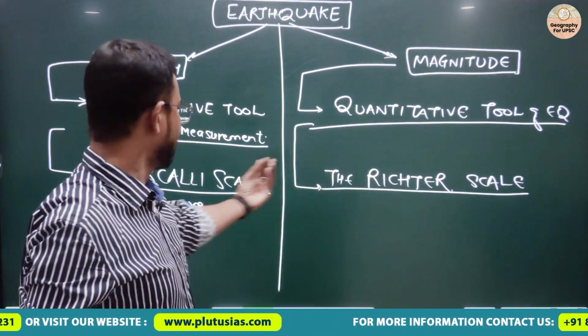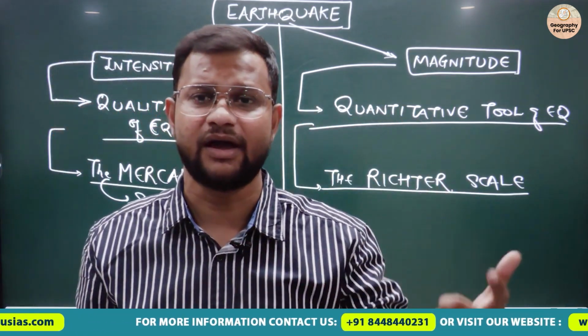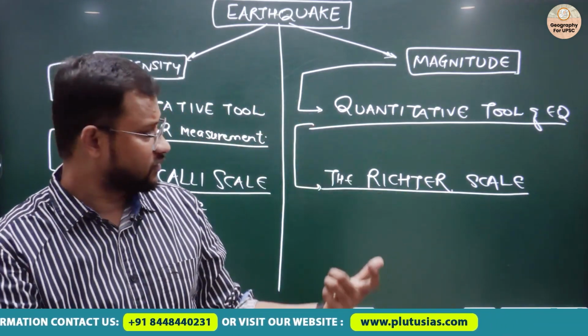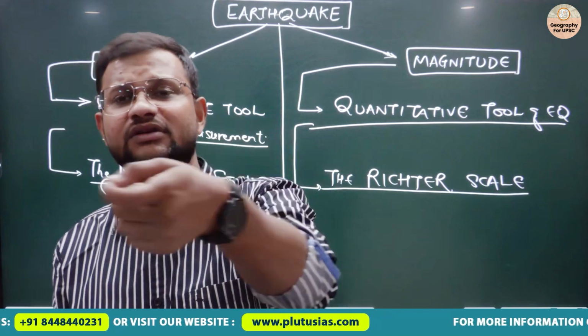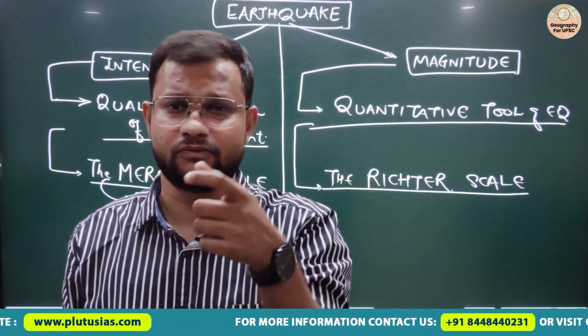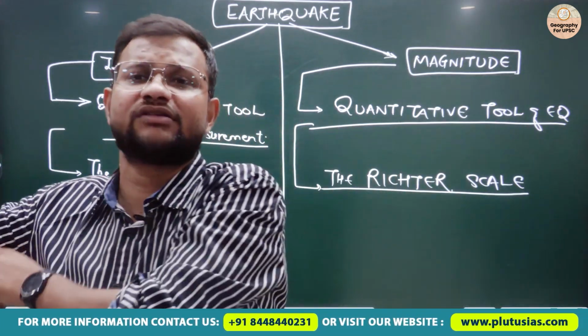For example, if in New York or in California there is an earthquake, in that case a survey is conducted there, and citizens are asked what they felt about the earthquake: was it of least intensity, moderate intensity, or a severe intensity.